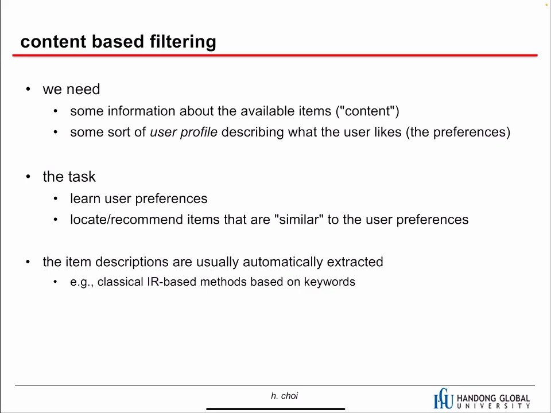sometimes we can ask the users to give us some descriptions. So, you know, if you register on an internet dating page, then you have to describe something about yourself, what you like and what you do on the weekend.